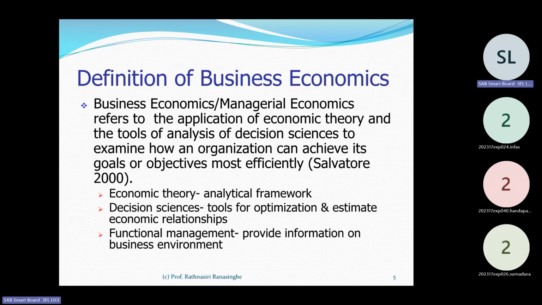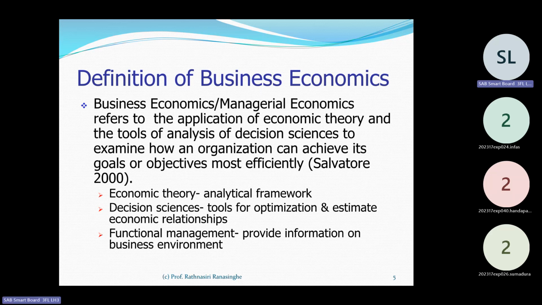And not only that, sales, right? Projected sales, future sales, all this information. And also production, cost factors, all these things, right? So therefore, we need functional management when we come up with decisions, right?